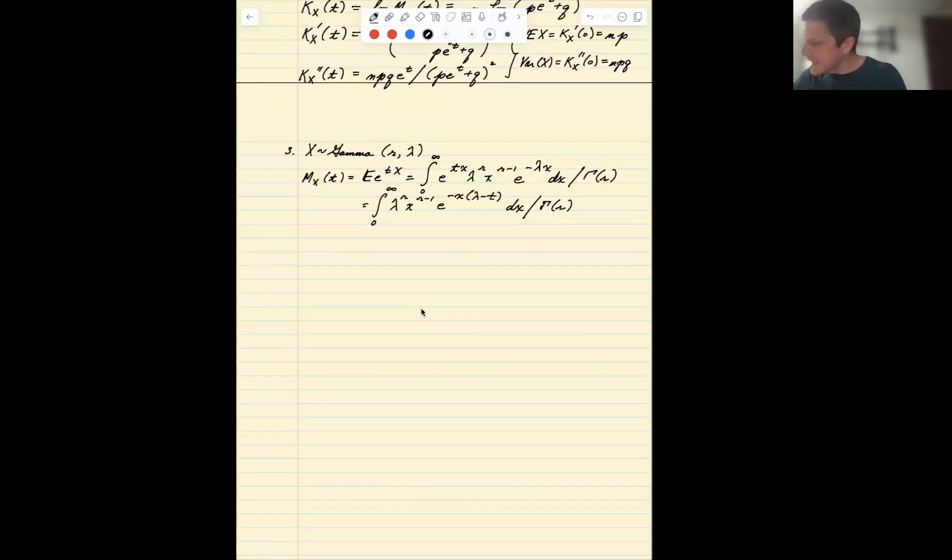And so we see that this is like the gamma density with parameter lambda minus t instead of lambda. So we take the lambda to the r out, and then we can add a lambda to the r in by dividing out, right?